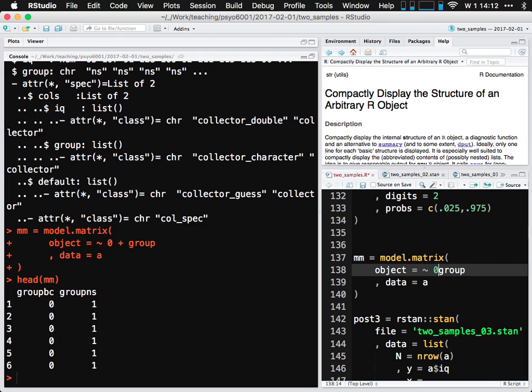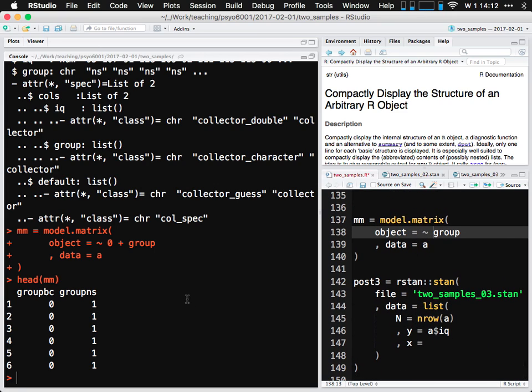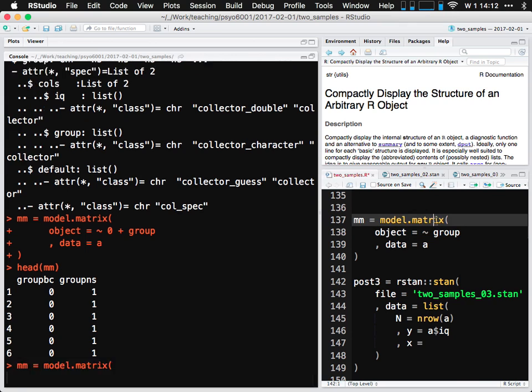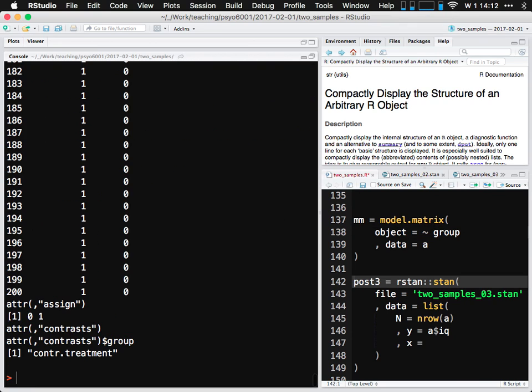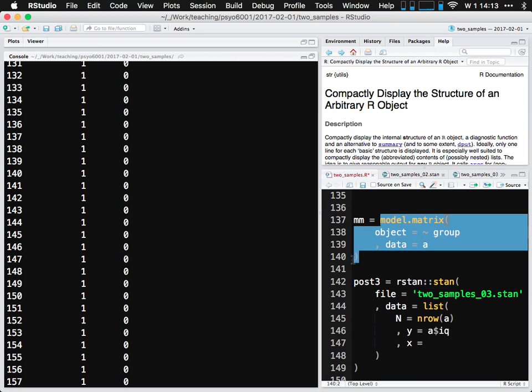I'm going to keep it as just that, run, and I'll just say mm. And so mm is created by a call to model matrix. It's seeing that we want to create a model that has group as an effect.